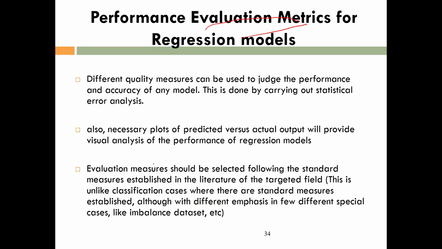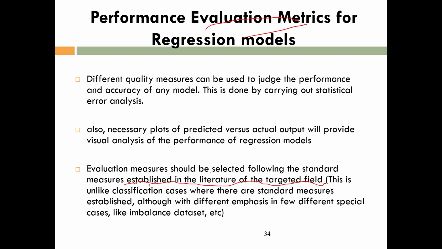However, the best way to select is to look into the established performance measure in the literature of the targeted field. Unlike classification, where we have standard classification measures that are common to all, for regression it depends on the area of application you are looking into. For example, in software engineering prediction, they have some special performance measures for regression problems. So you have to follow them based on the literature you have to first of all review.